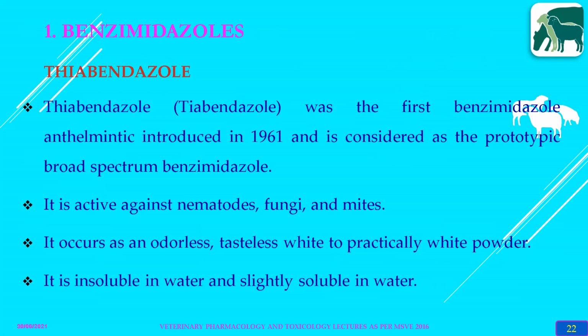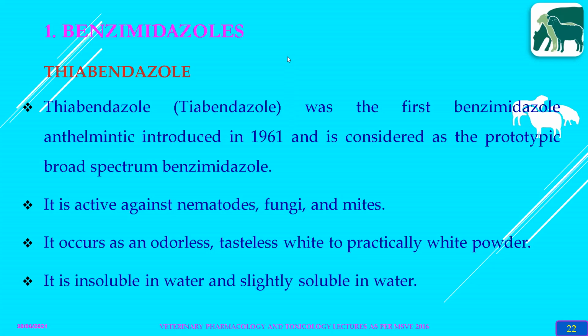It is very selective against nematodes, not the cestodes or trematodes, but some fungi are also killed by this anthelmintic. It also has anti-mite activity. Mites are the ones responsible for manges.